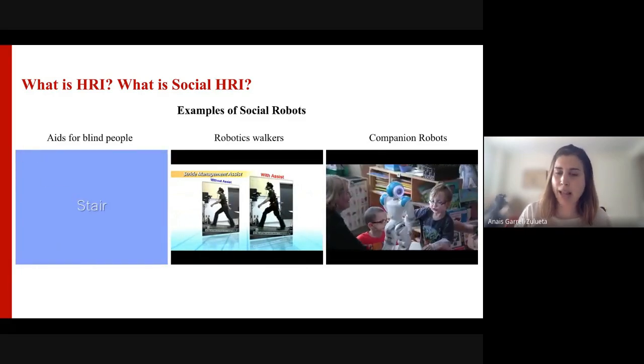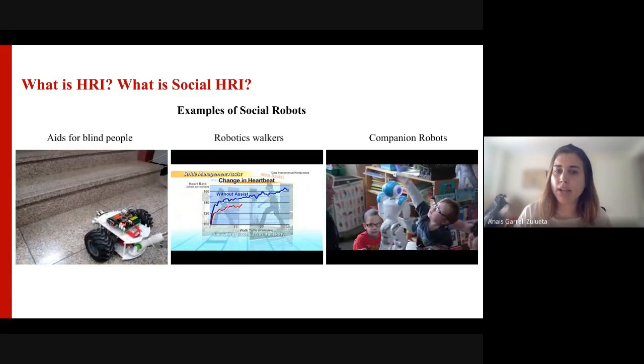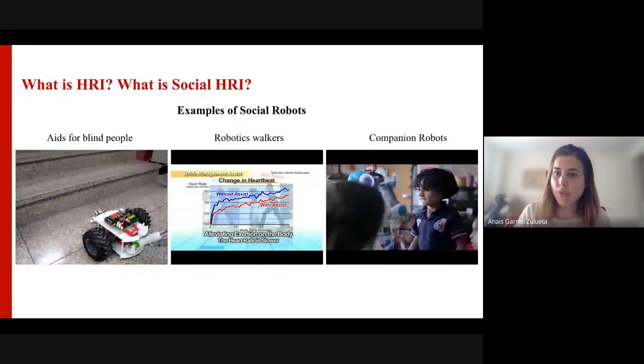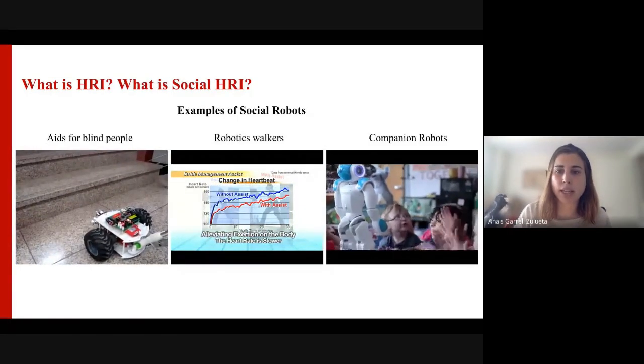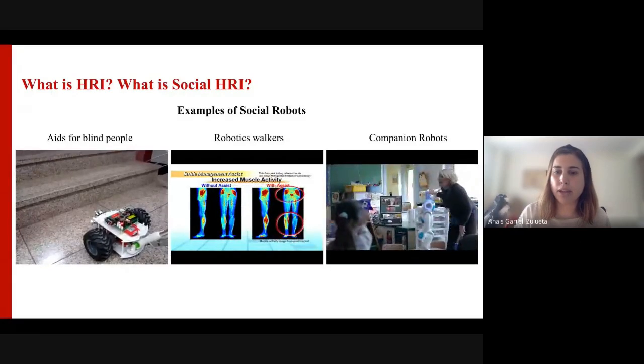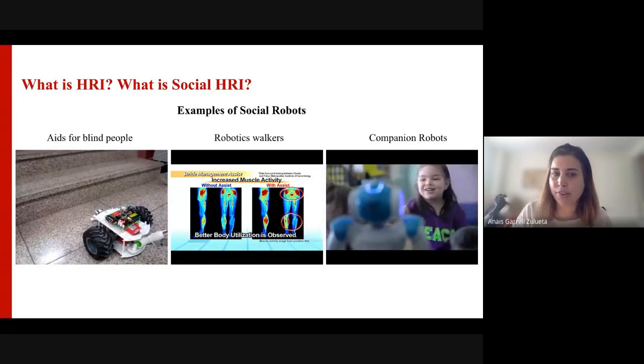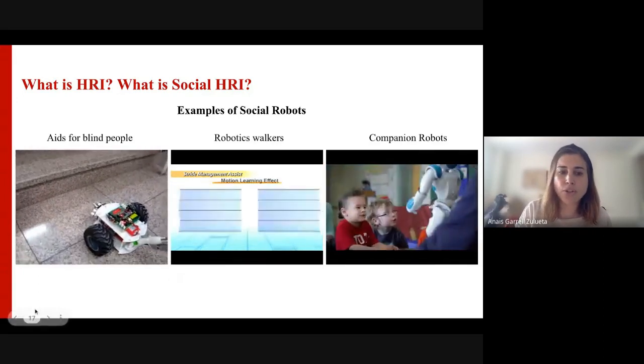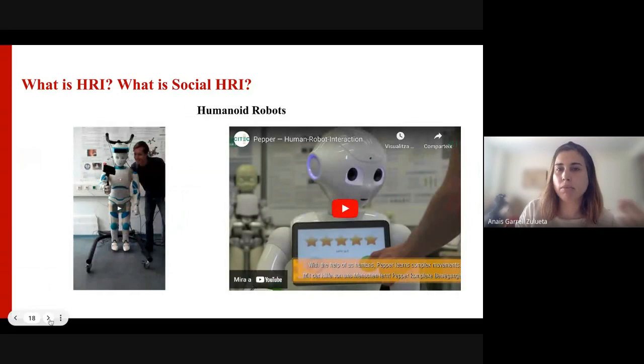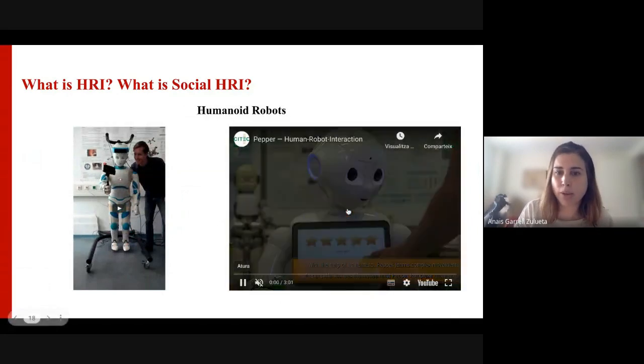And those robots help those children to express themselves better and to understand how they have to communicate and interact with other people. So here you see very different examples of this interaction, and for all of them, we have to evaluate how it's going.